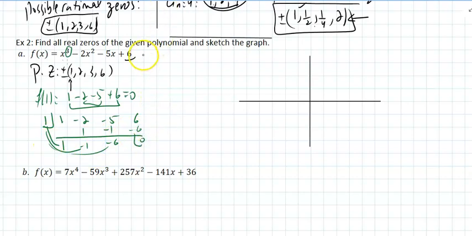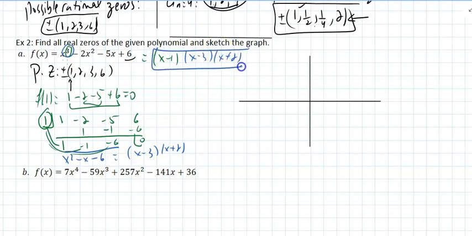This tells me that f of x is x minus 1, and what's left over is one power less than x cubed: x squared minus x minus 6. And isn't that x minus 3 times x plus 2?